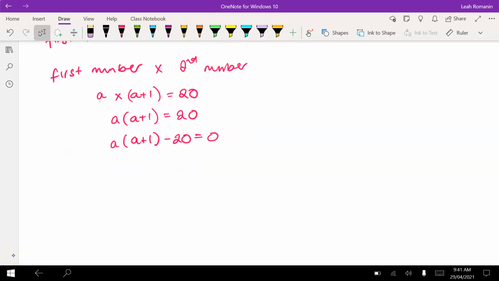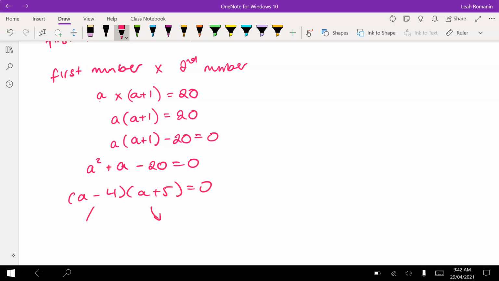Okay, so I've gotten to this point. Now I said we expand the brackets. So I have A squared plus A minus 20 is equal to 0. A lot of people could identify that their factors were negative 4 and positive 5, which is correct. So I have A minus 4 and A plus 5 is equal to 0.